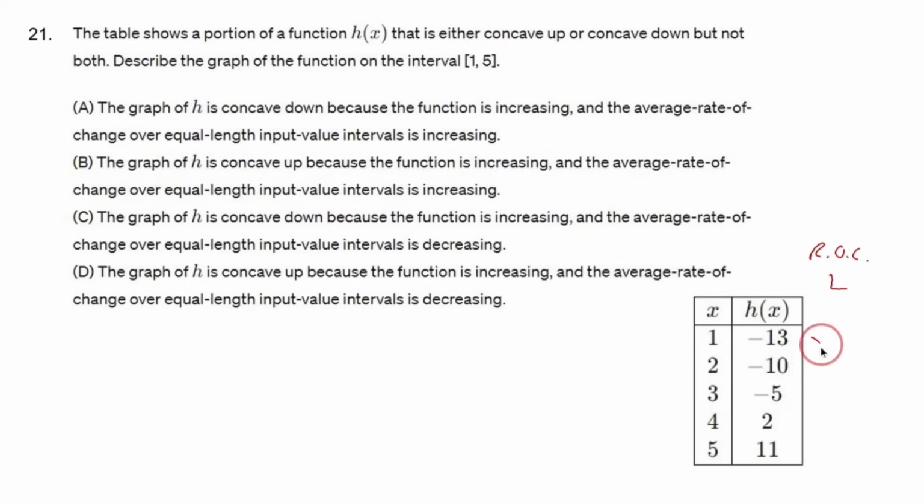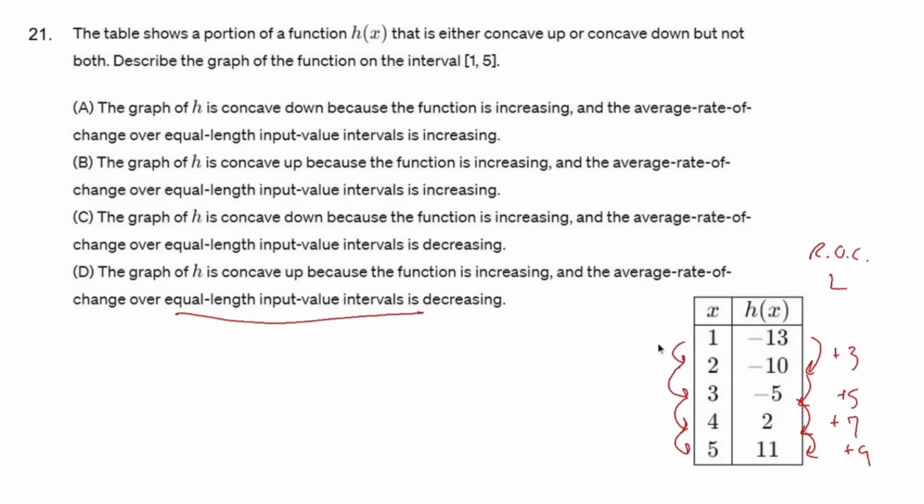So what are we doing here? Well, we are going from -3 to -10. By the way, these all go up by 1. So that makes the input value intervals equal in length. Okay. These go up by, what am I doing? Adding 3, you're adding 5, you're adding 7, and you're adding 9.